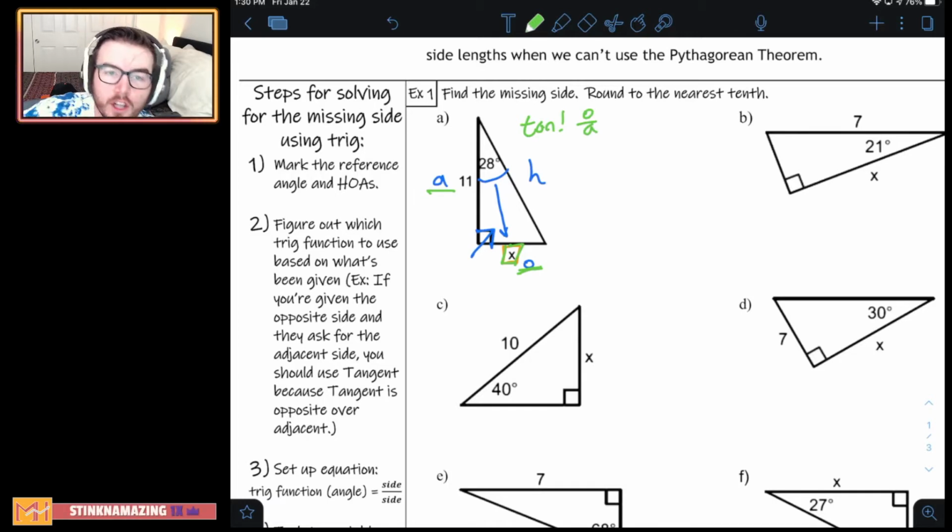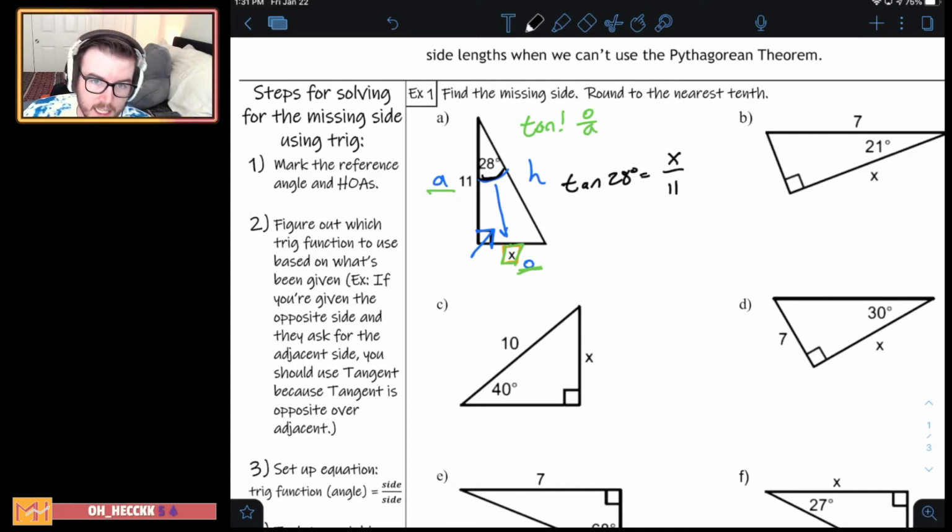So we're going to use tangent to solve. Check this out. Tangent of 28 degrees is equal to opposite over adjacent, just like that.